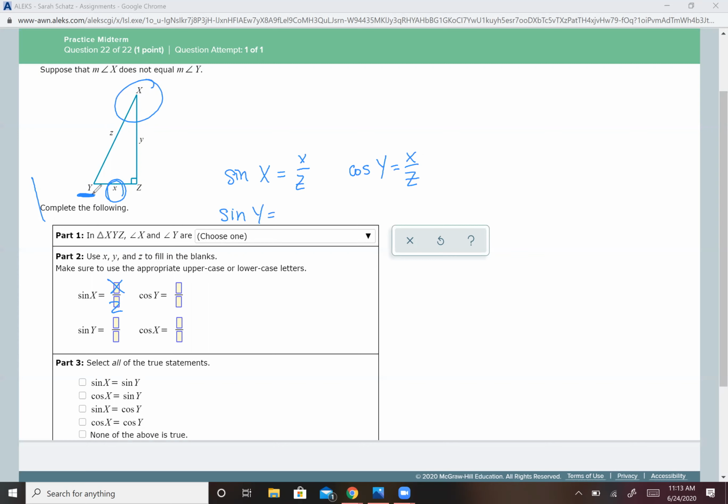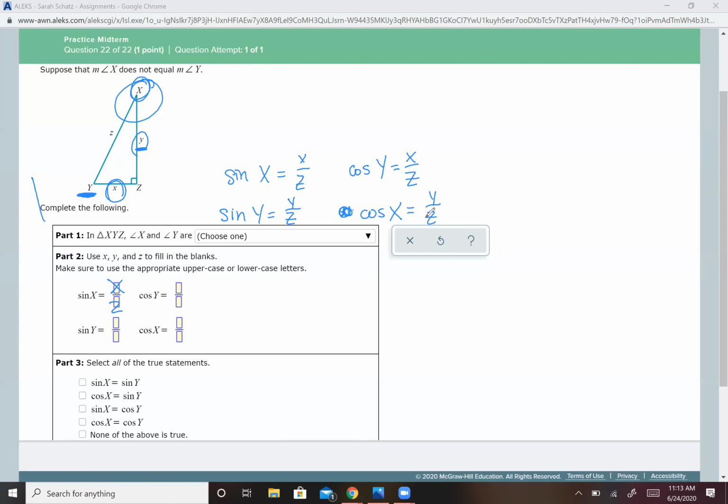So still on angle Y, but this time the sine. Remember, sine is opposite over hypotenuse. For angle Y, Y is opposite. So I get Y over Z. Cosine of angle X is last. Back to angle X, but this time I need adjacent, which is Y, over hypotenuse, which is Z.